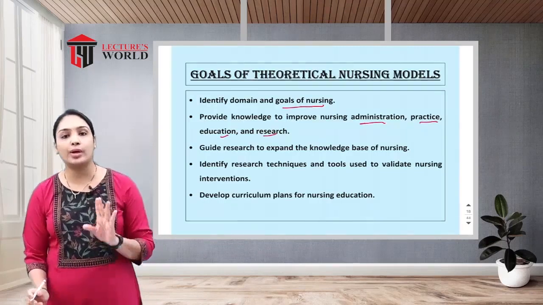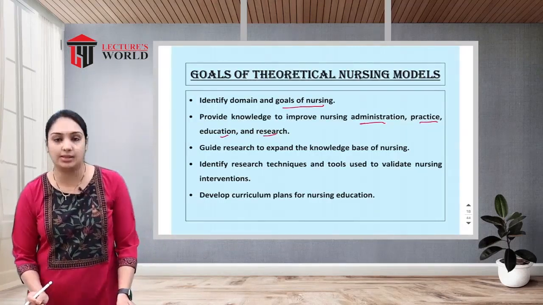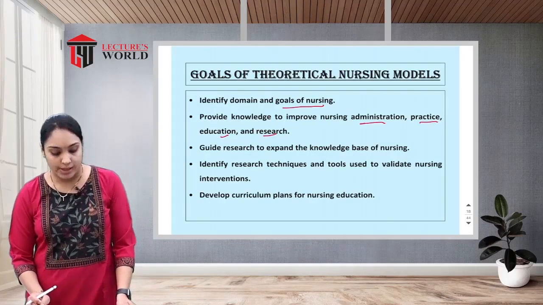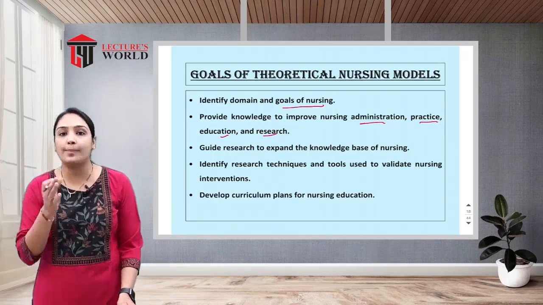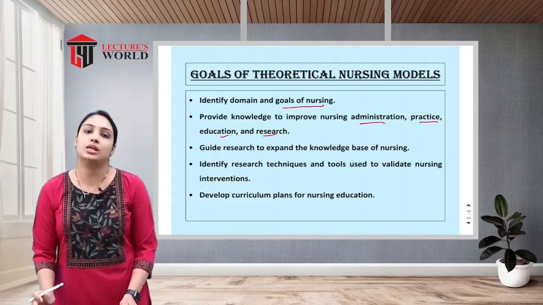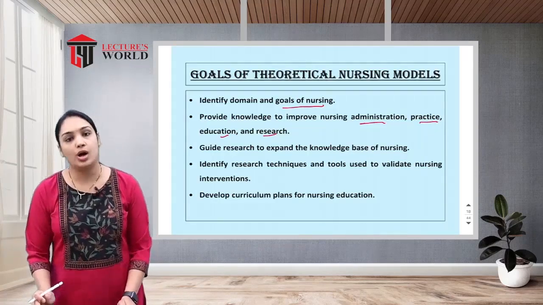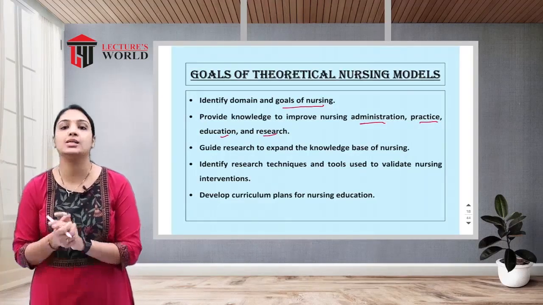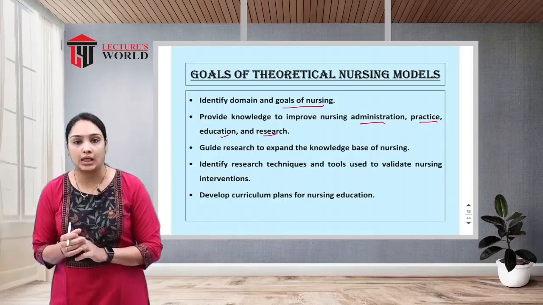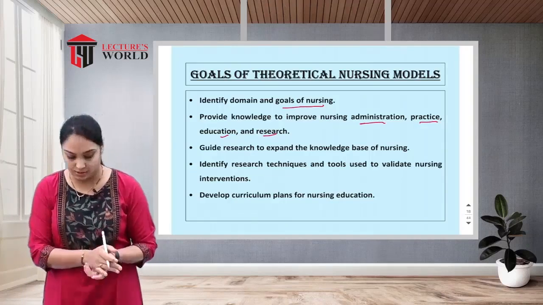Mainly there are four important areas in nursing: administration, education, practice, and research. With the help of these theoretical models, they can provide the knowledge to improve these four areas.